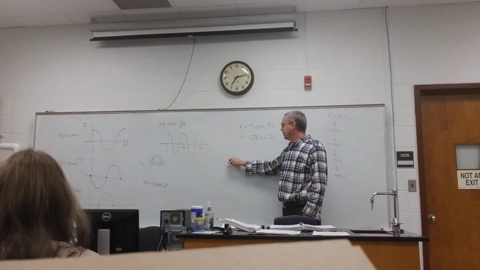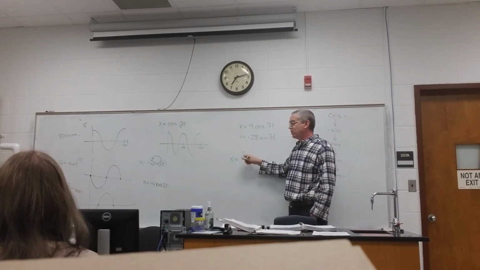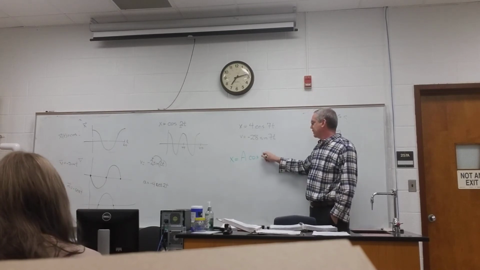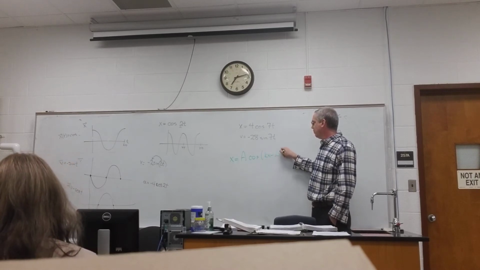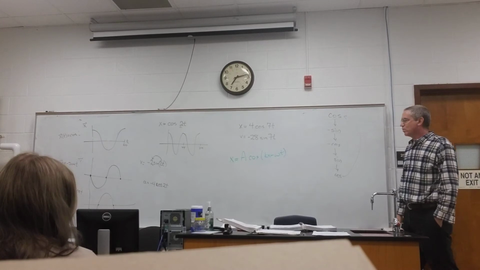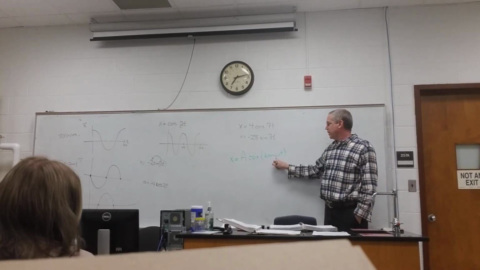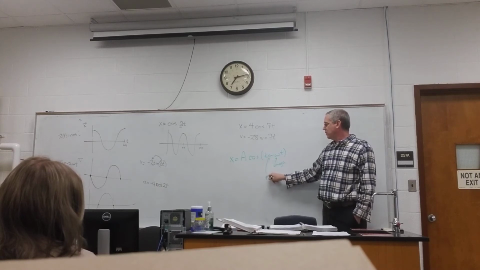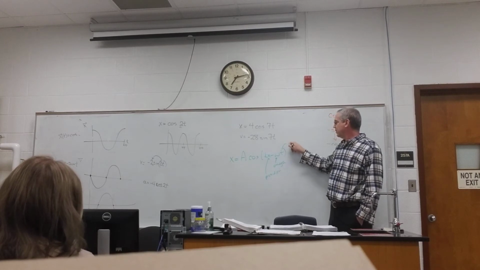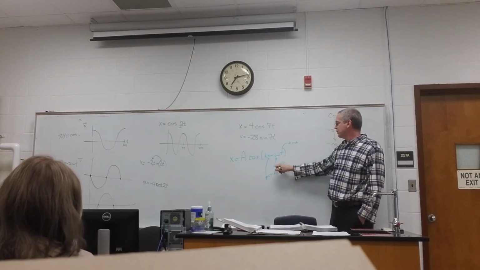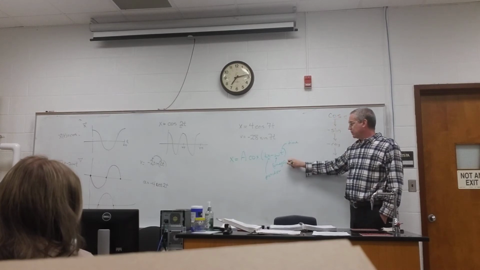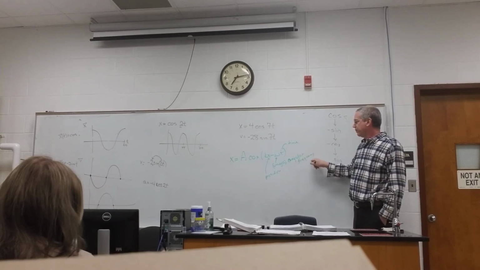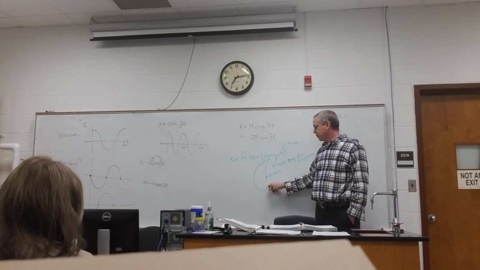And so generically, I would write the wave as some amplitude, whatever it happens to be, cosine or sine, one of those two, times kx minus omega t. So that's an omega. And so here's position, time. This omega right here, that's the Greek letter, is the angular frequency. And this k right here is known as the wave number.